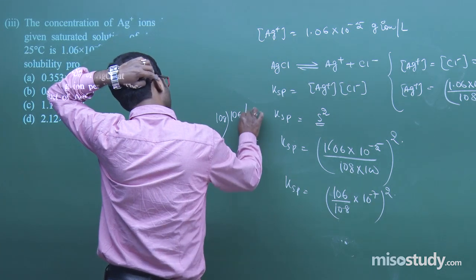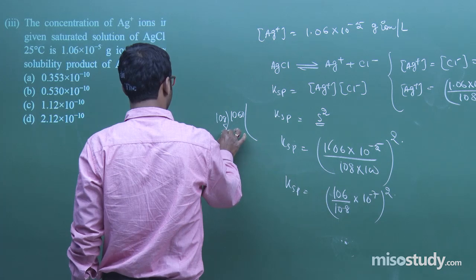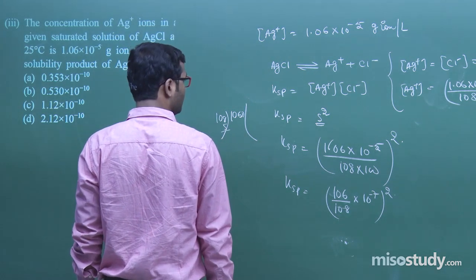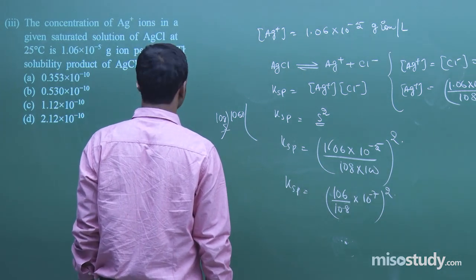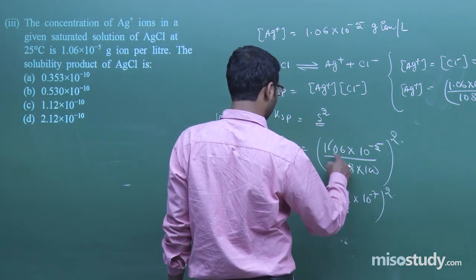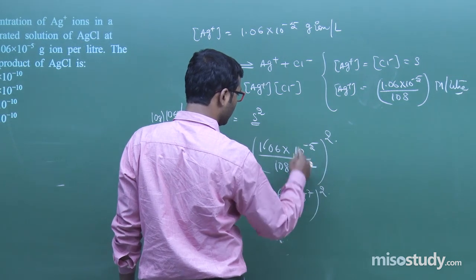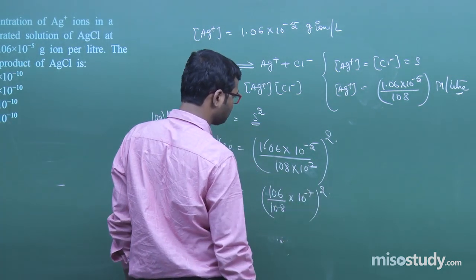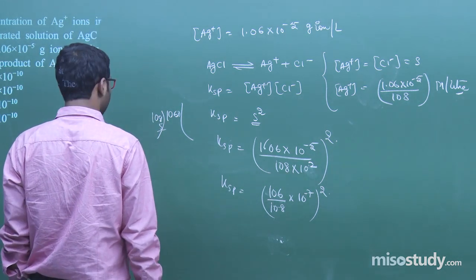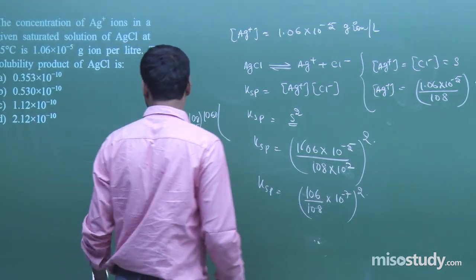Then 1.06 into 10 to the power minus 5, 10 to the power 2, that will come 10 to the power minus 7, 10 to the power 14, 106. That is around the answer we are getting. If you solve, then you will get the answer.